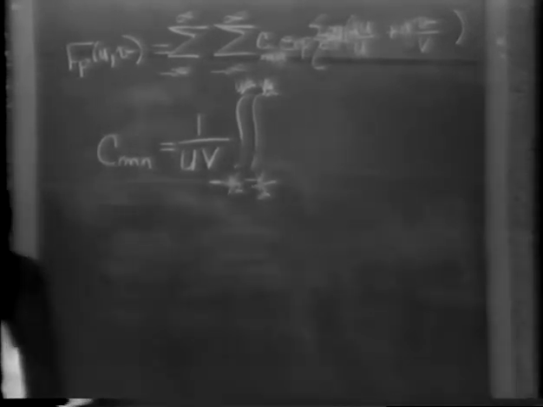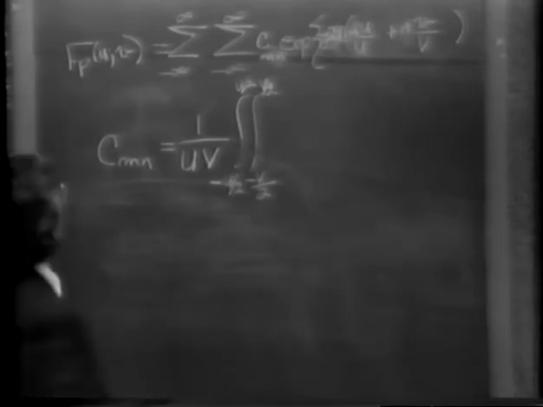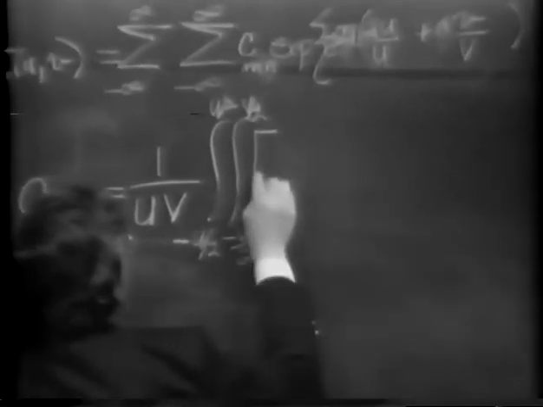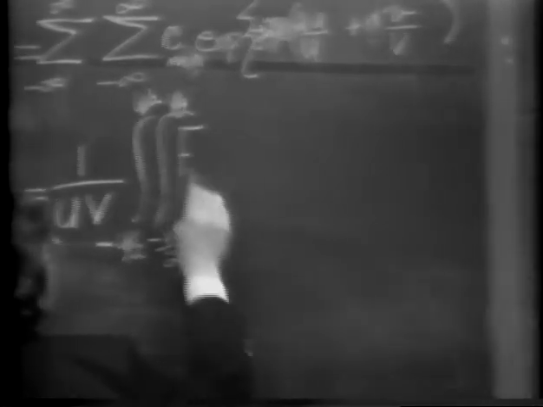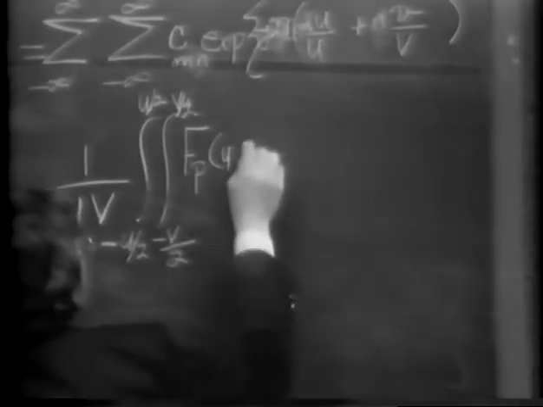What's the original function? In this case, we can make it f of uv or f sub p of uv, because they're exactly the same in that one space.